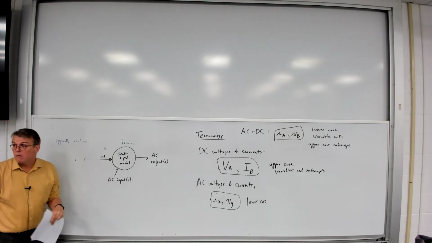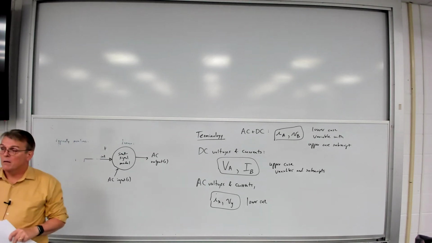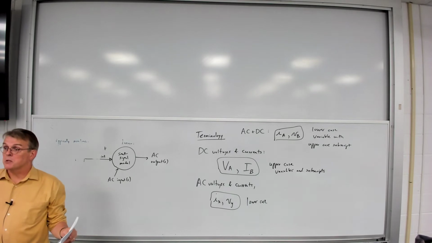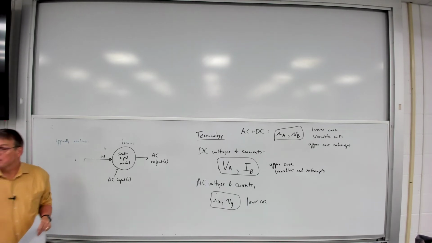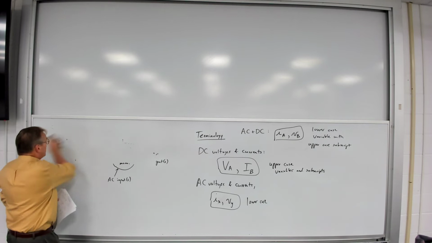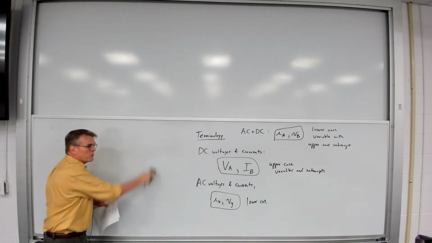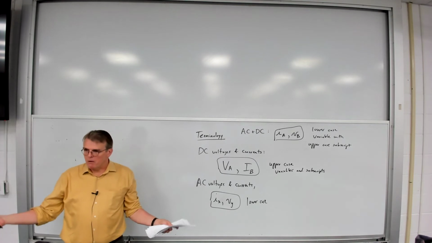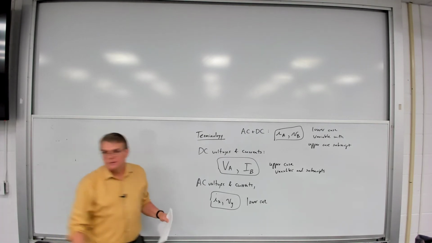Yes? When you say transform other elements, do you mean things like the voltage itself? Well, yeah, in other words, we're talking about the other elements in the circuit. I'll show you in just a moment. We need an AC or small signal equivalent of every other element in the circuit if we're going to do analysis for that circuit in the AC domain.